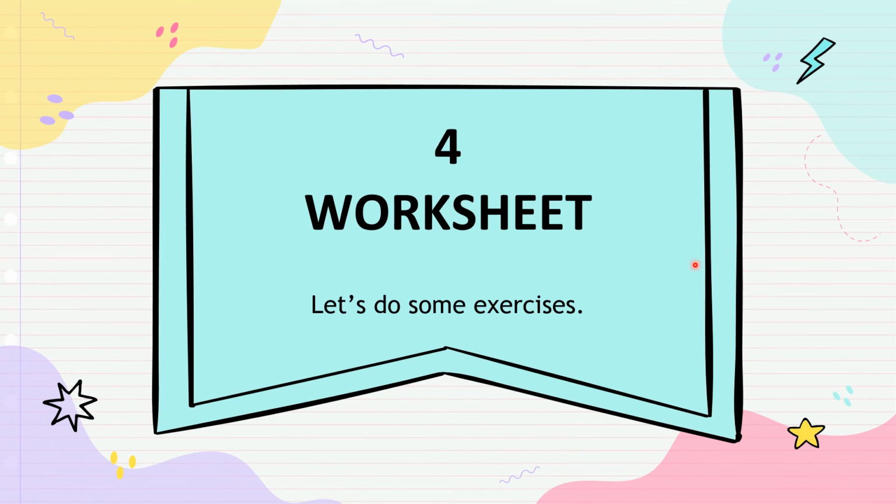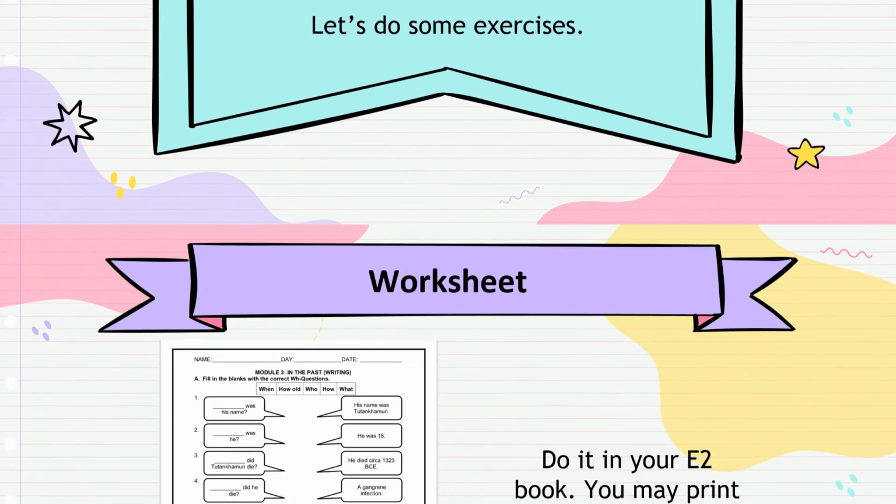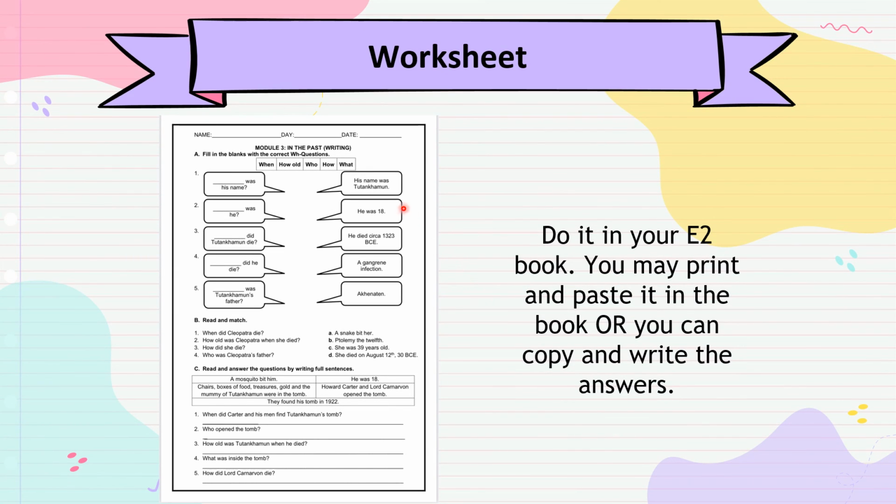Moving on to the last activity, worksheet. So let's do some exercises. Alright, so this worksheet, I will share it in our WhatsApp group. I will just explain it briefly. A, fill in the blanks with the correct WH questions.